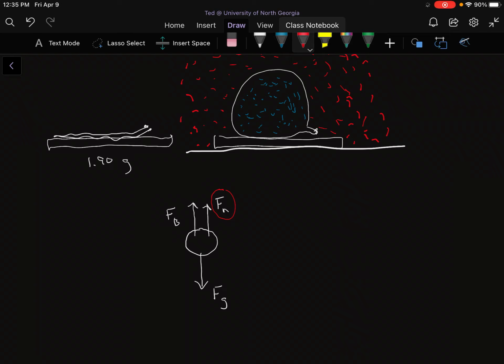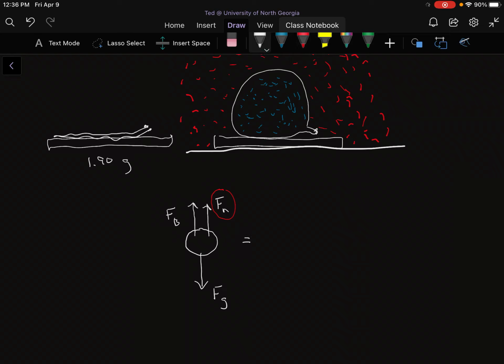Okay, the scale is calibrated to read in grams, so once we know what the force is, then we can figure out what the scale is going to read. All right, so in order to figure out the normal force, we're going to need to figure out the buoyant force, and we're going to need to figure out the gravitational force, but using Newton's laws, because this thing is not accelerating.